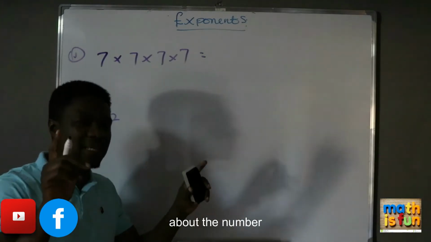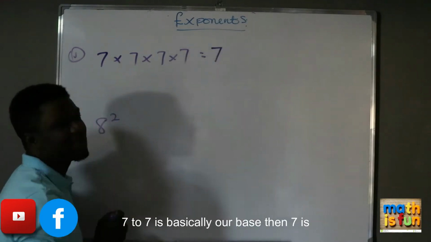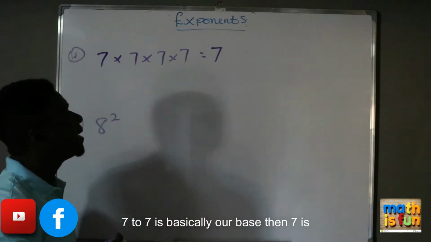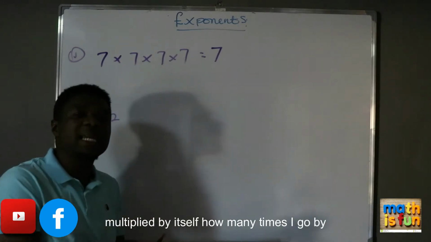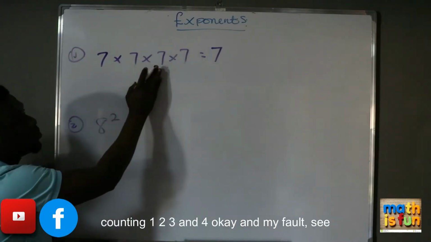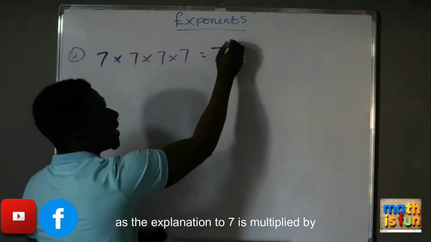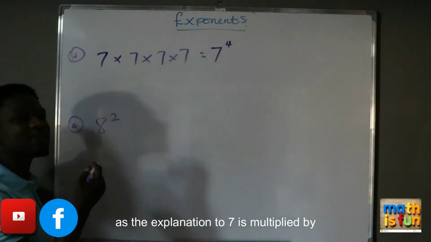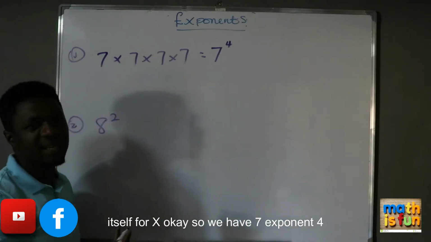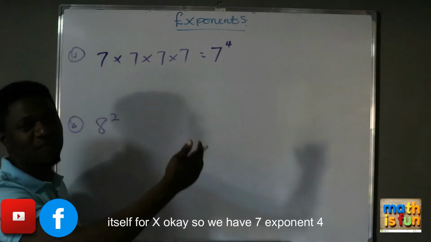Talking about the base, here we are dealing with the number 7. So 7 is basically our base. Then 7 is multiplying itself how many times? I go by counting 1, 2, 3, and 4. Then my 4 comes here as the exponent. So 7 is multiplying itself 4 times. So we have 7 exponent 4.